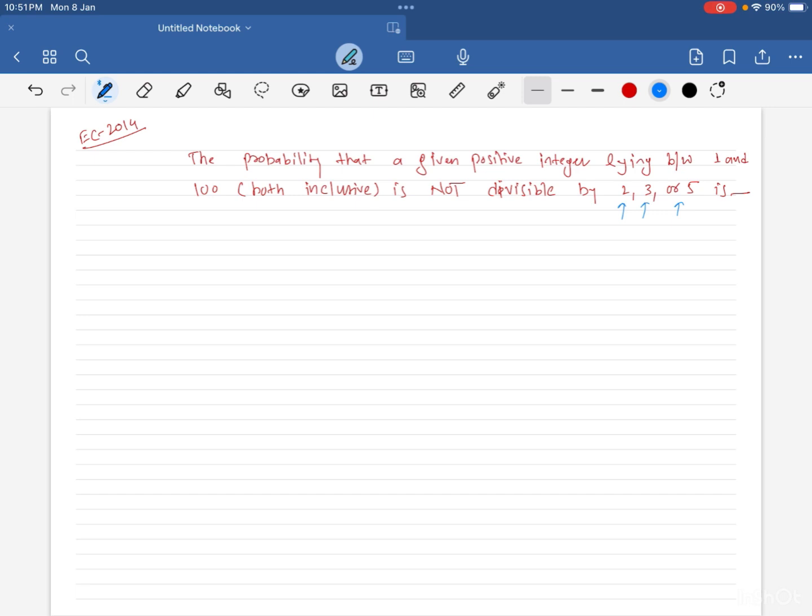Then we are left with 1, 3, 5, 7, 9, and here we are left with 11, 13, 15, 17, 19, 21, 23, 25, 27 and 29, 31, 33, 35, 37 and 39, 41.